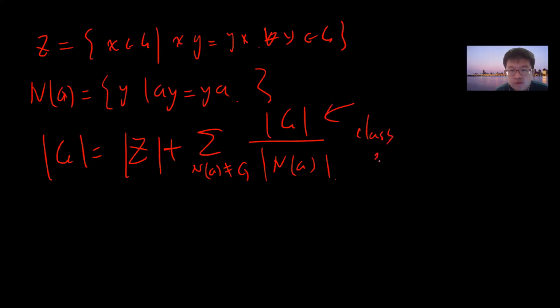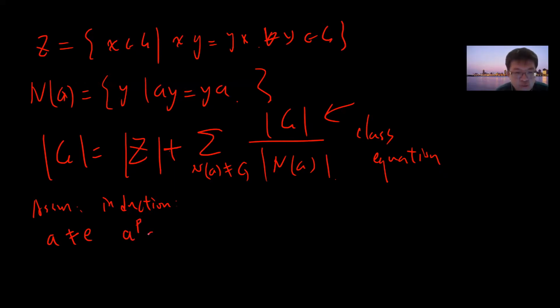We want to use this equation to prove the theorem, using mathematical induction. The idea is that I hope to find some non-identity element whose prime power is the identity.